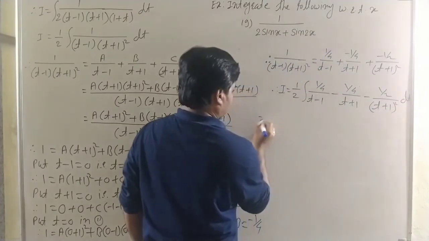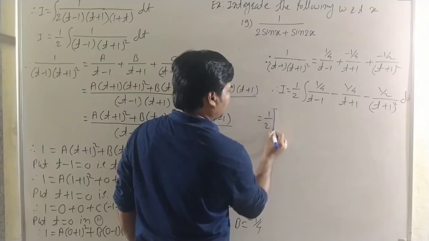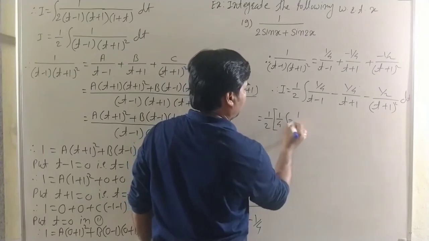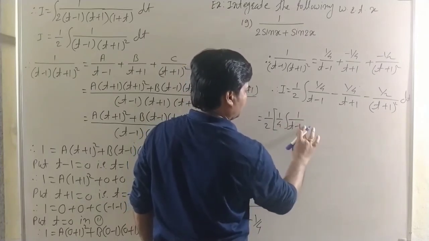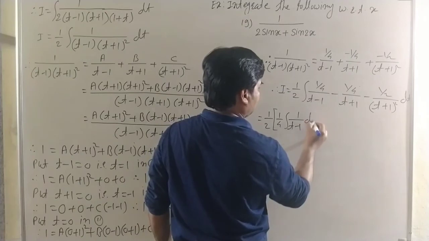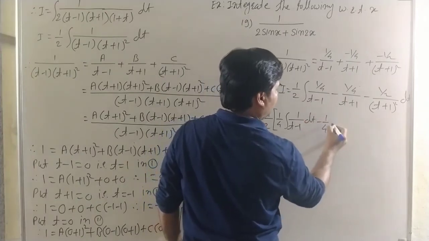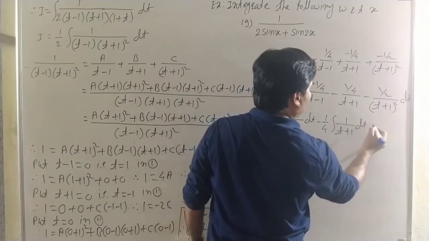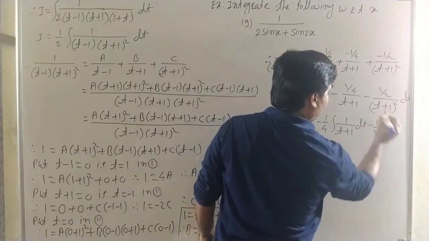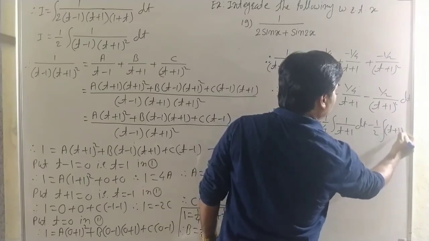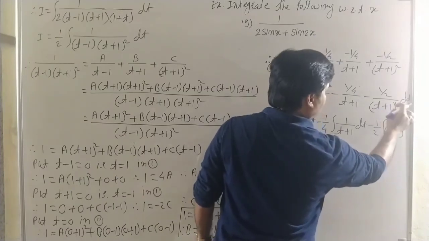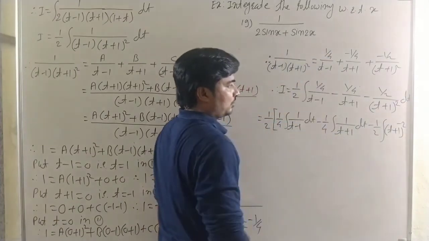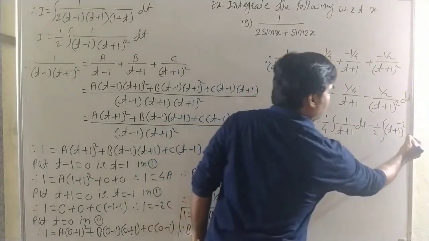Now it is 1 by 2 into, see carefully, 1 by 4 into the integral of 1 upon t minus 1 dt minus 1 by 4 into the integral of 1 upon t plus 1 dt minus 1 by 2 into the integral of (t plus 1) to the power minus 2 dt, since the square is in the denominator, so we write minus 2 in the numerator.